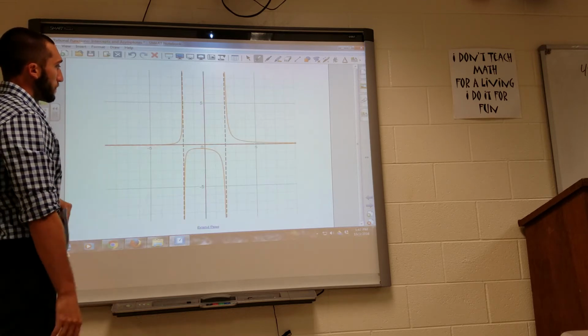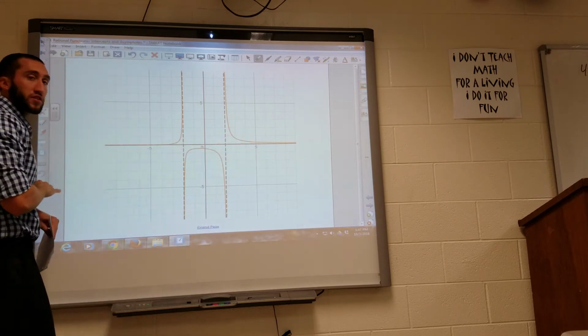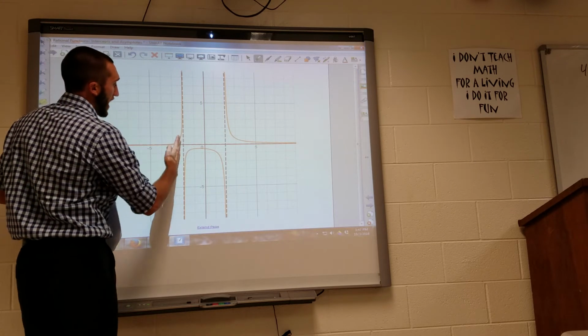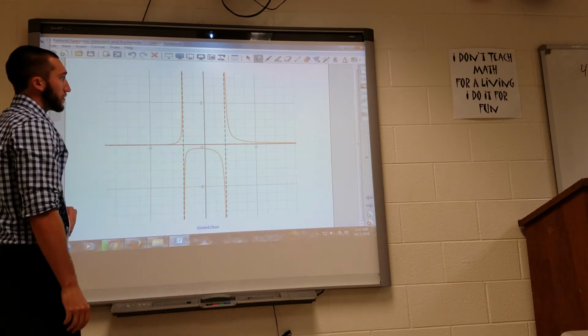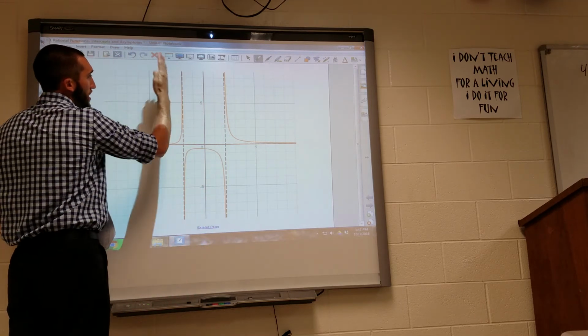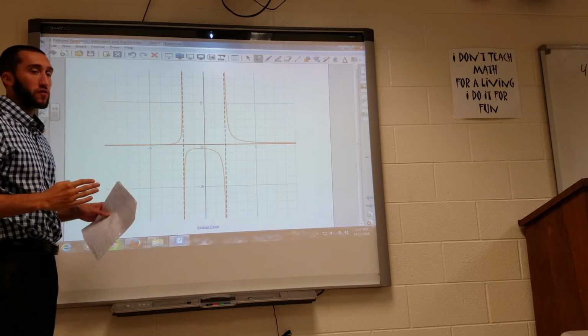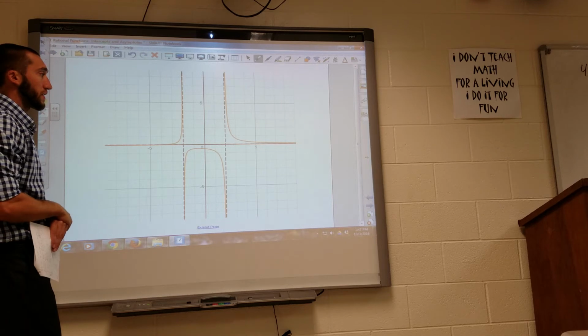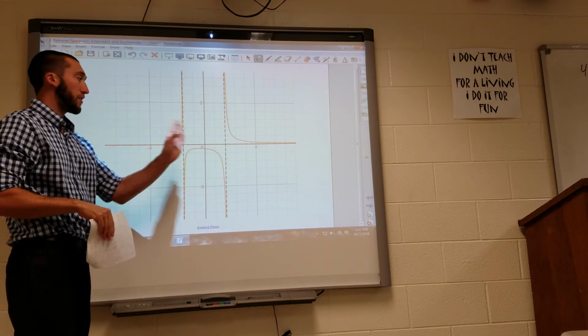You can see here in the red dotted line is our horizontal asymptote, so it's just the x-axis. And we have a vertical asymptote at negative 2 and at positive 2. So again, these orange lines will never cross these dotted lines. They're just asymptotes. They're approaching those points without actually touching. And just to reemphasize, after today, you do not know how to graph them.